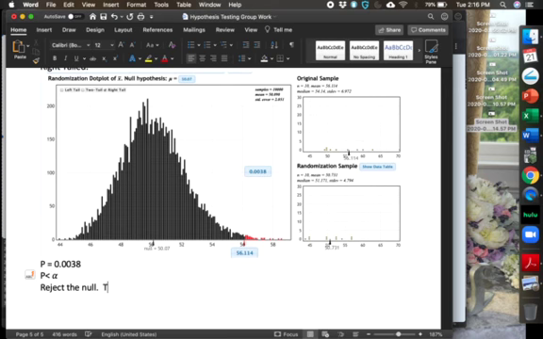So we're rejecting the null hypothesis. There is enough evidence to support the claim that the average cell phone plan has increased.